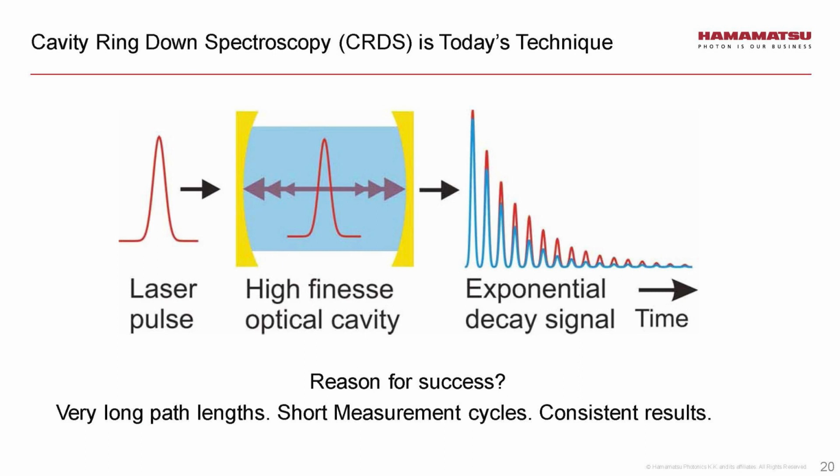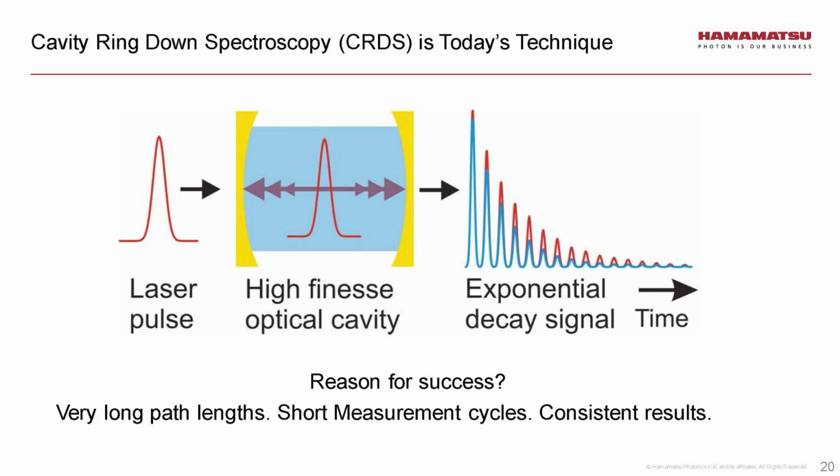What you will see commonly in terms of the technology that is available today is cavity ring down spectroscopy, or CRDS. Why is this so popular? It's scalable, it's verifiable, and got really popular in a lot of academic settings. There was a lot of national research behind this. Essentially, with a high finesse optical cavity, you're achieving a very, very long path length.